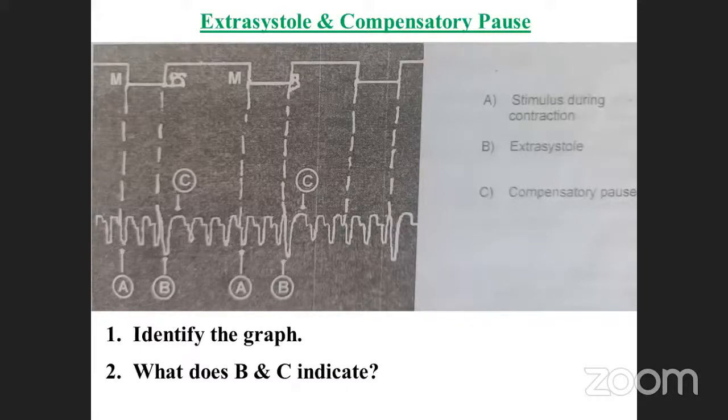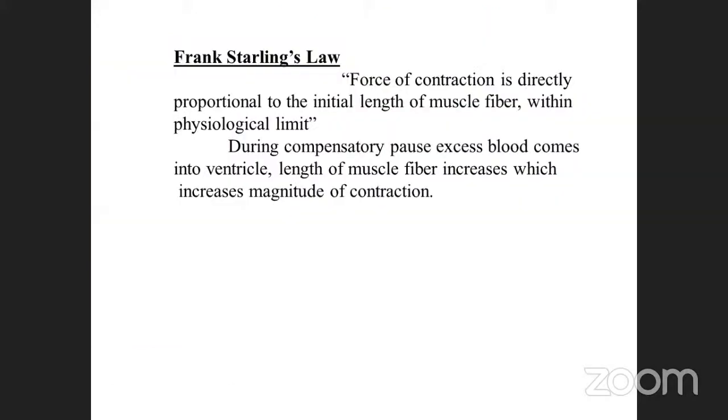In this graph, there should be a correction. After completion of the compensatory pause, the height of contraction is always more because excess blood is collected, as stated by the Frank-Starling law. Force of contraction is directly proportional to the initial length of the muscle fiber, within a physiological limit. During the compensatory pause, excess blood comes into the ventricle, the length of the muscle fiber increases, which increases the magnitude of the contraction.